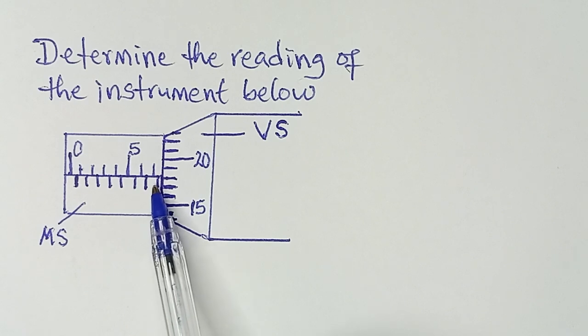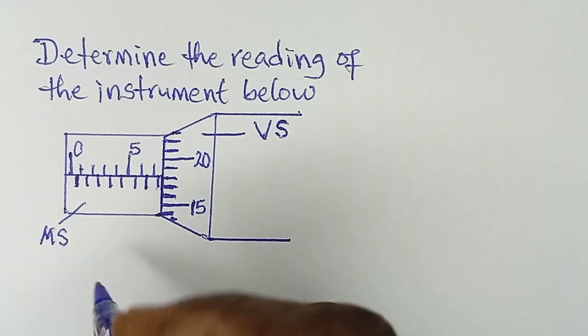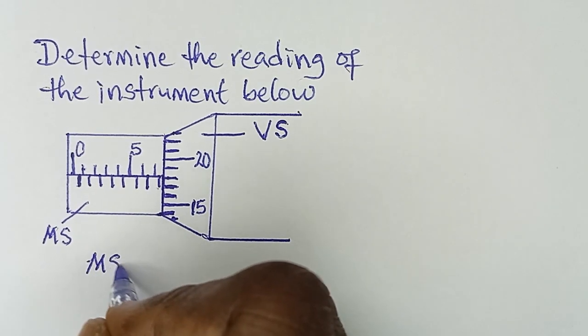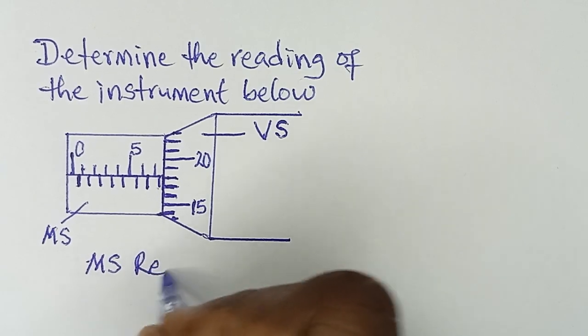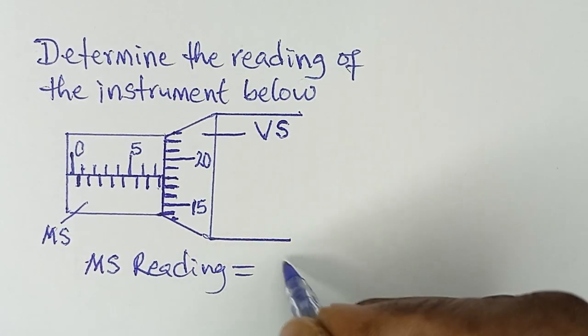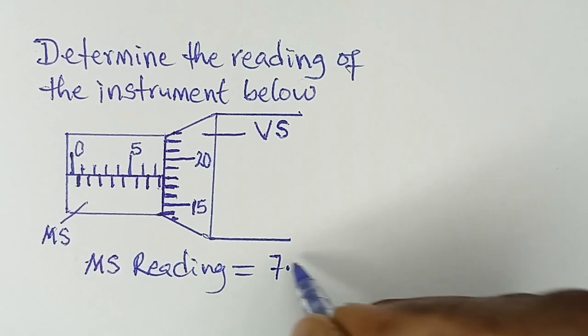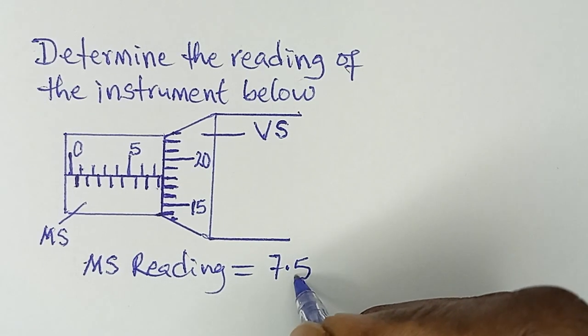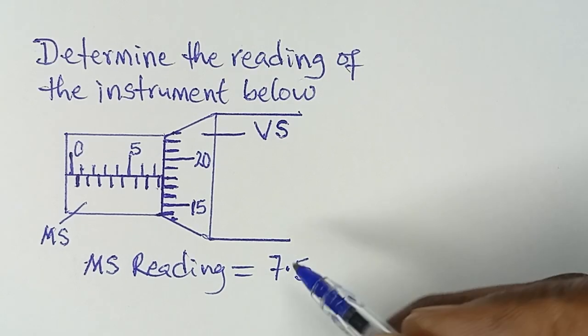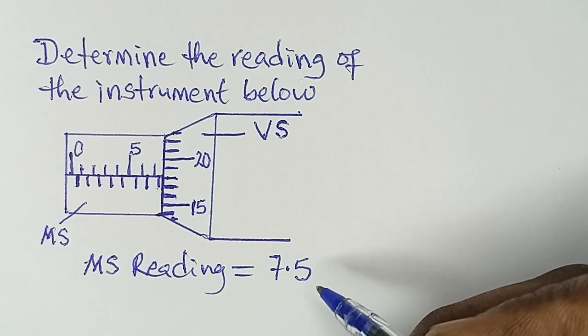So the last value I have on this side is 7.5, and that becomes my main scale reading. The main scale reading is equal to 7.5. That is the main scale reading.